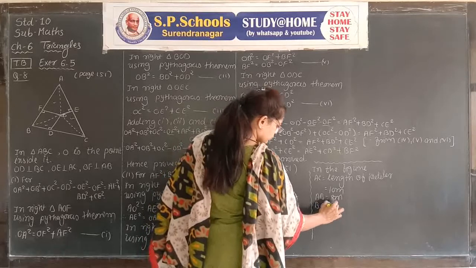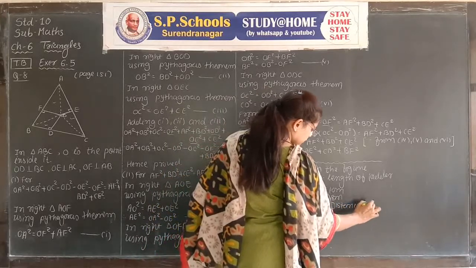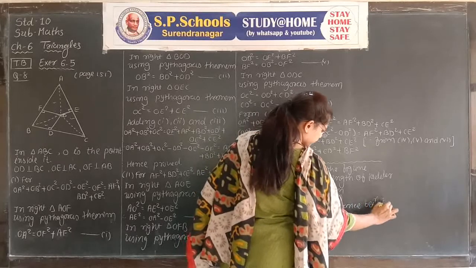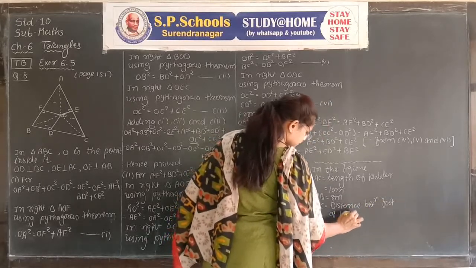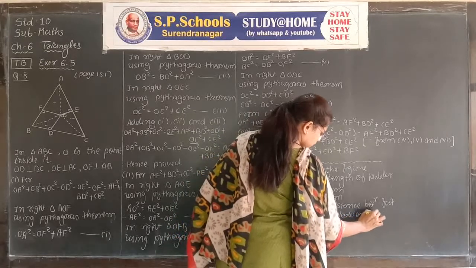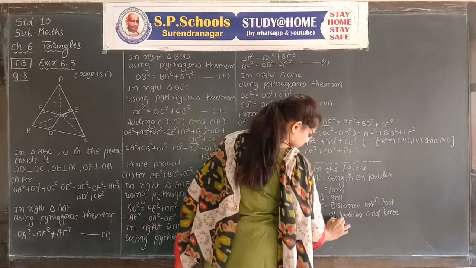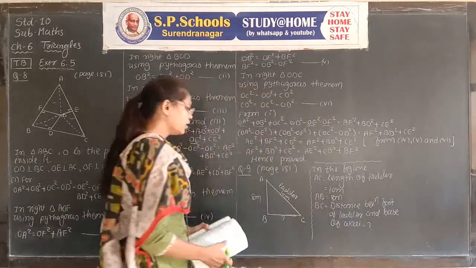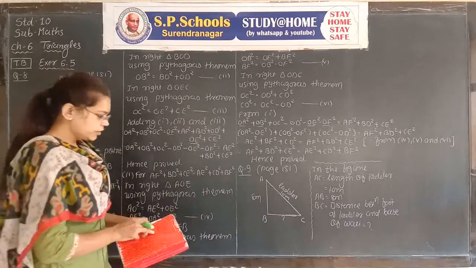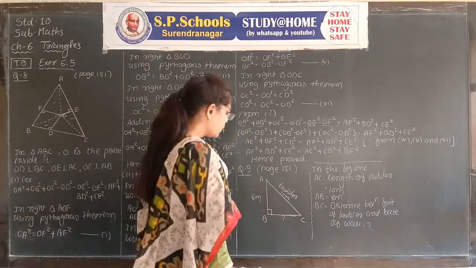BC is equal to, we want to find the distance between the foot of ladder and the base of wall, equal to question mark. As we know, the wall and ground level are perpendicular to each other.